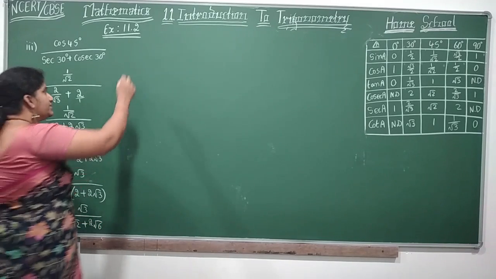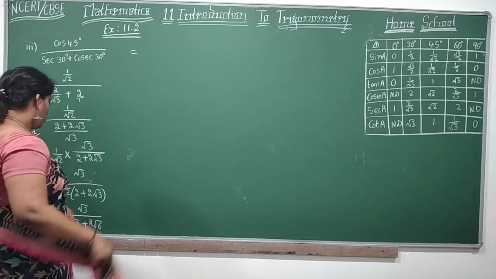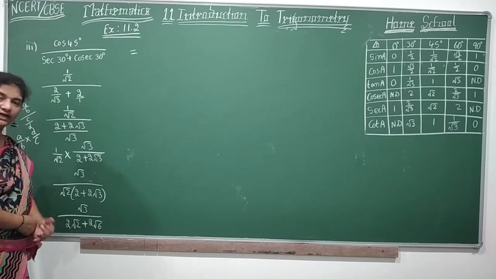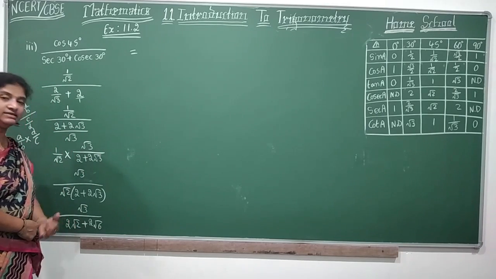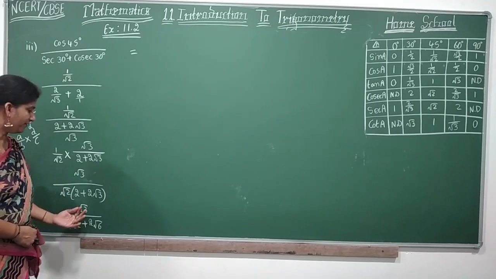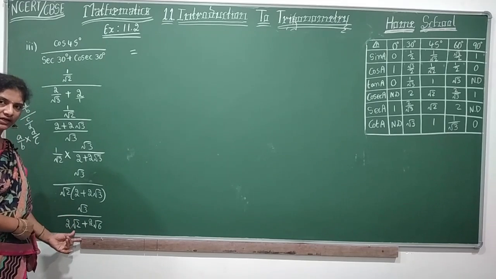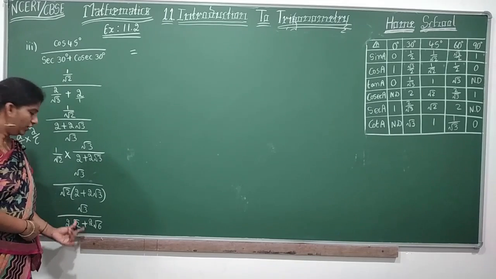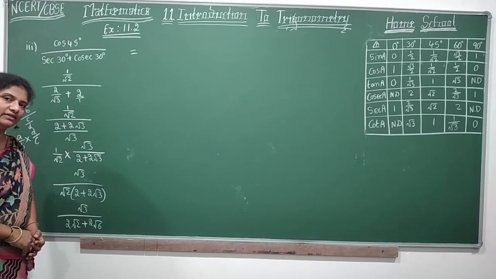Okay. Let's continue here. Is equal to. So look here, the denominator. What happened here, children? It is in surd form. So further, what do we need to do? We need to make the denominator into a normal number. No surd should be there in your denominator. How do you make this?